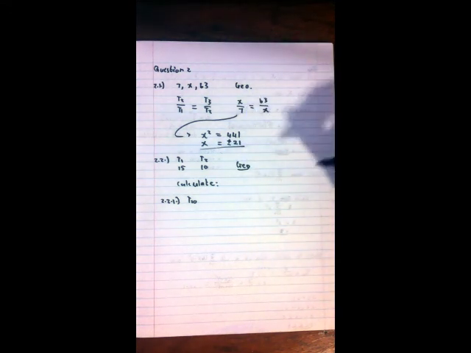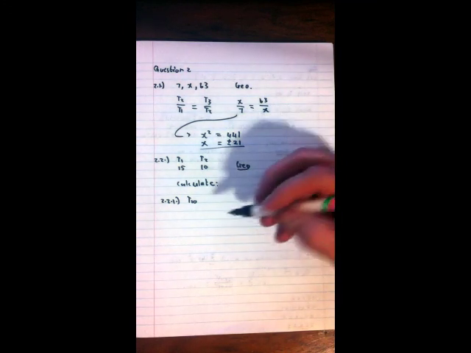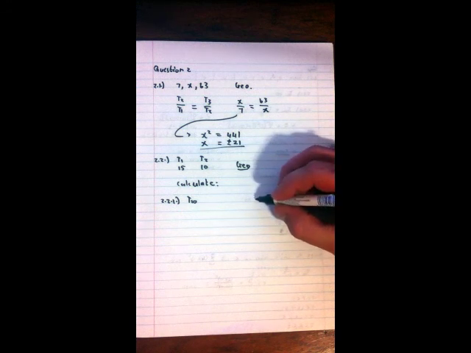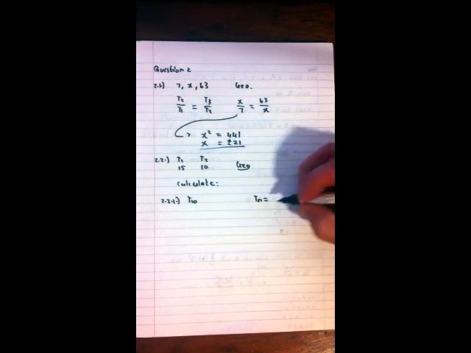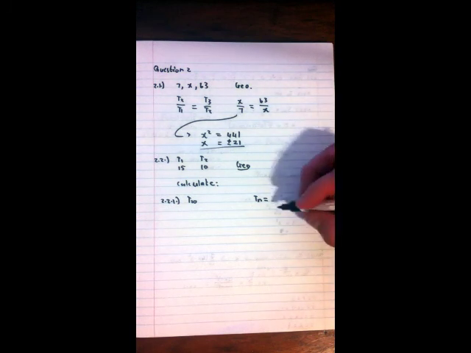Okay. So to find term 10, we need to know what the rule is for the general term. We need to find out what Tn, the nth term, is equal to for a geometric sequence.